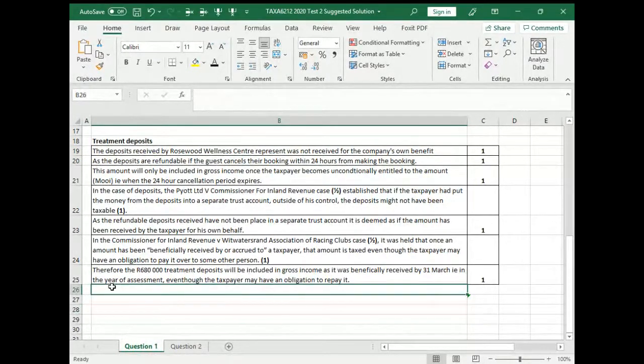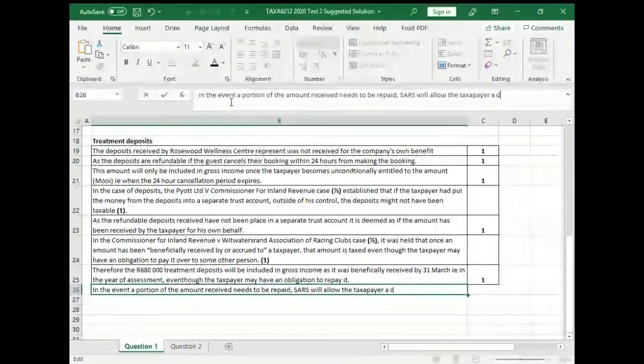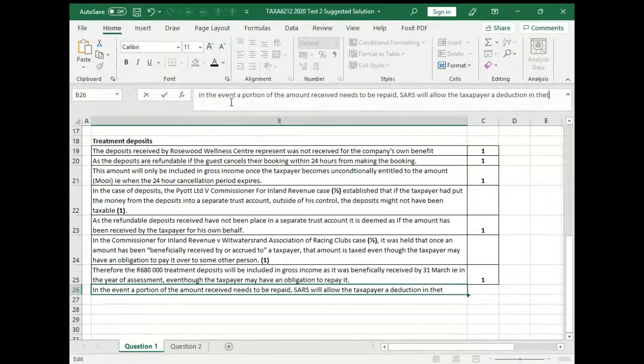Now, I didn't write that at the bottom. So what you can write is: in the event a portion of the funds or the amount received needs to be repaid, SARS will allow the taxpayer a deduction in that year of assessment.